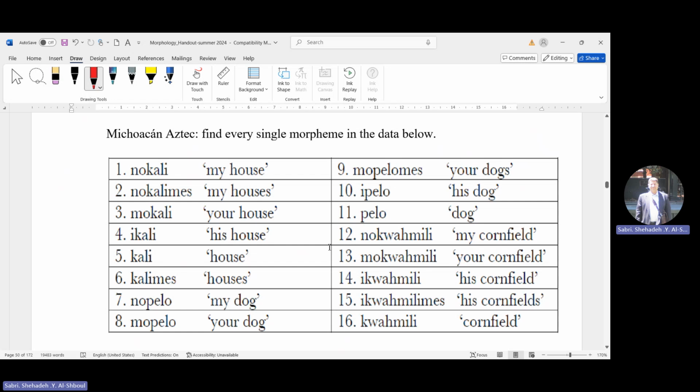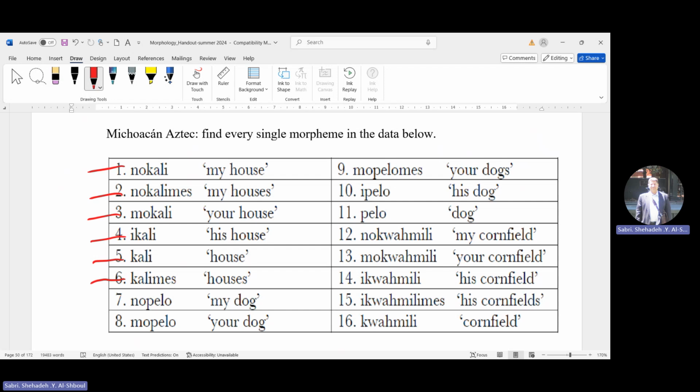We have here data, and if we look into it, we find that it contains a variety of change patterns. So we have Nokali, which is my house, Nokalimis, my houses, Mokali, your house, Ikali, which is his house, Kali, which is house, Kalimis, which is houses, right?